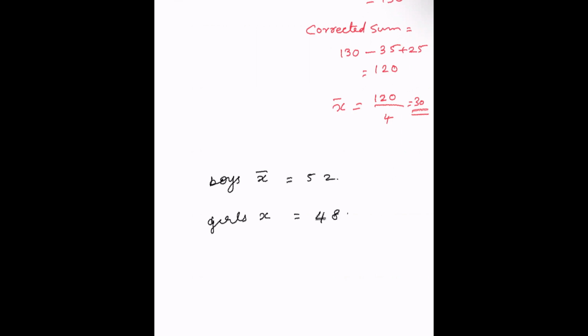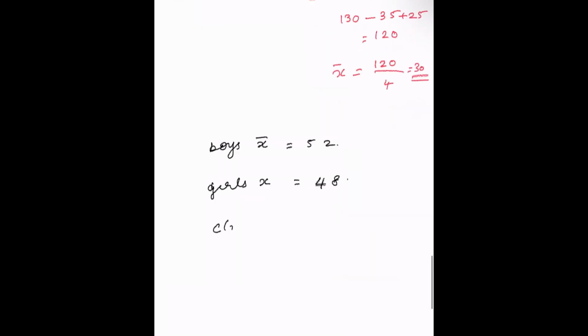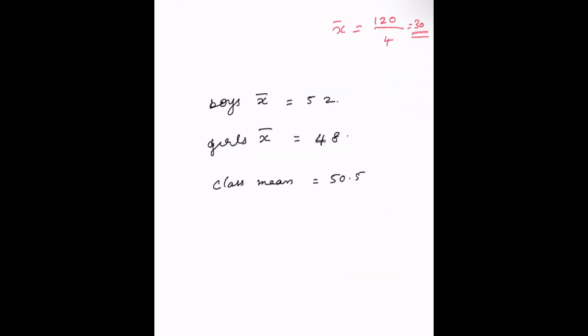If on the whole, the mean marks of the class is 50.5, find the ratio of, now what do you need to find?